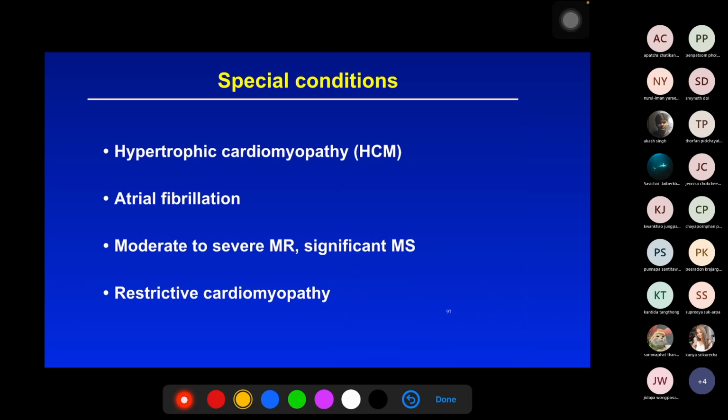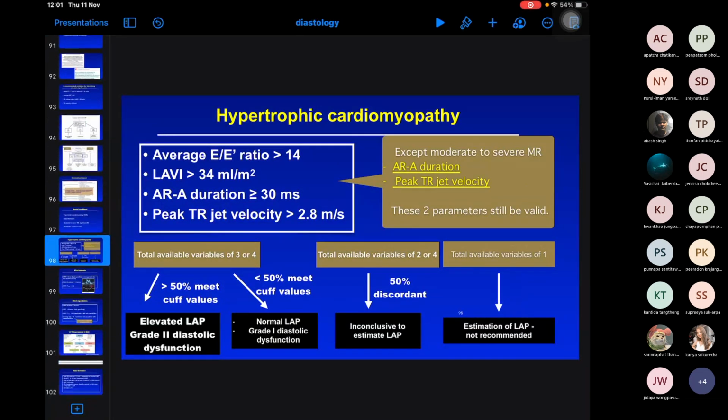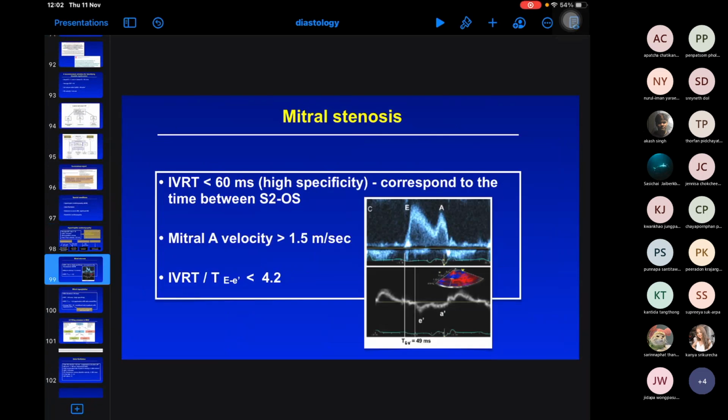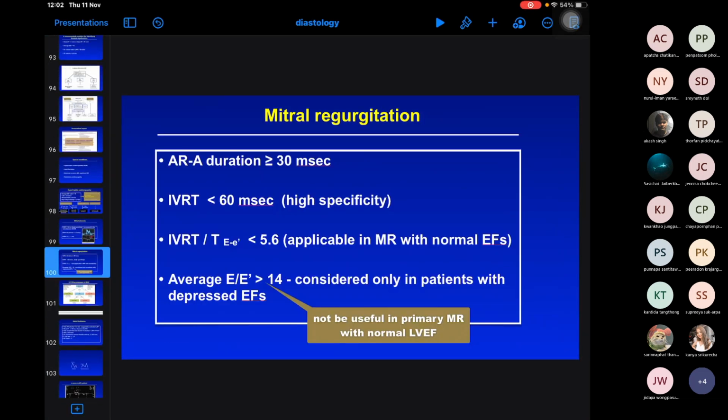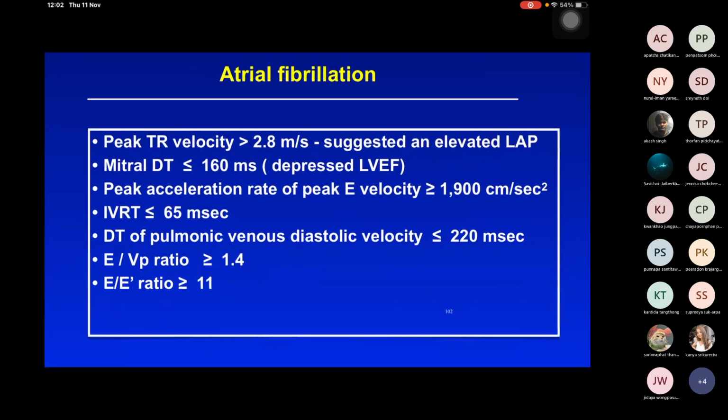Okay, in some special conditions, just know about atrial fibrillation because this is commonly seen in practice.